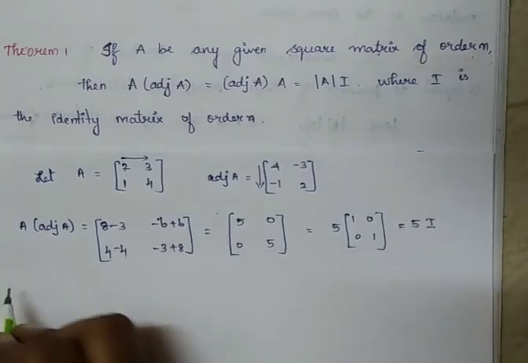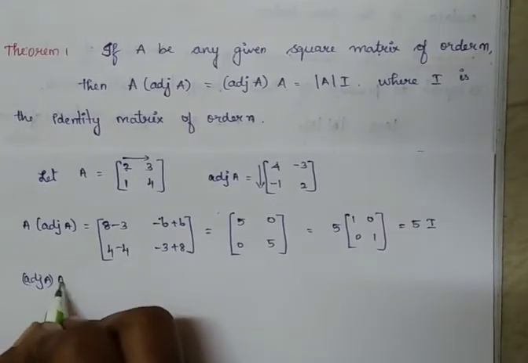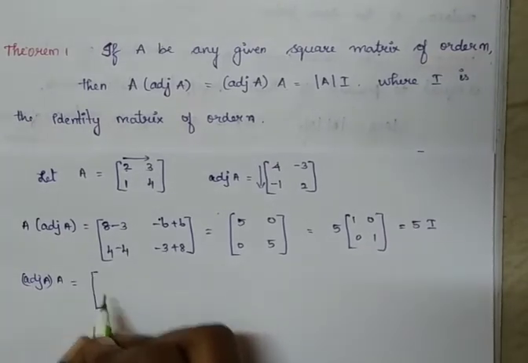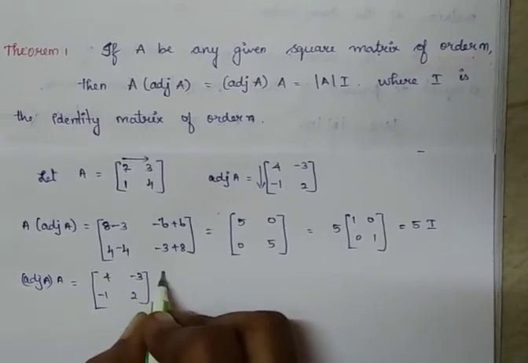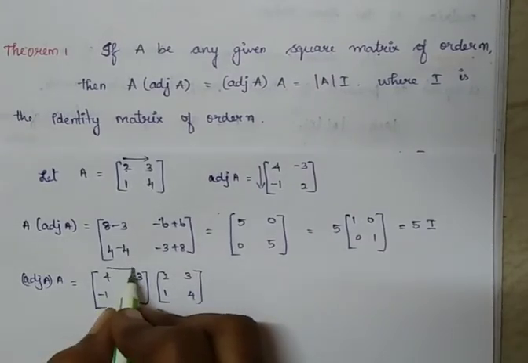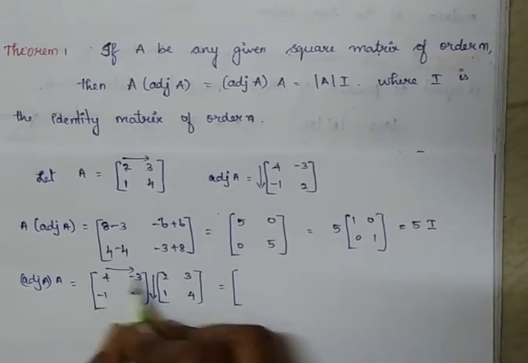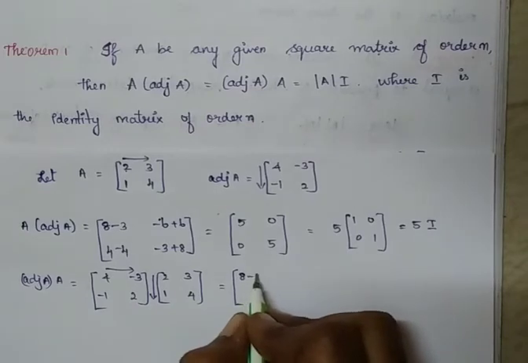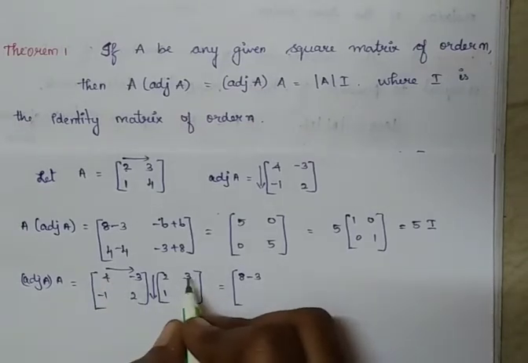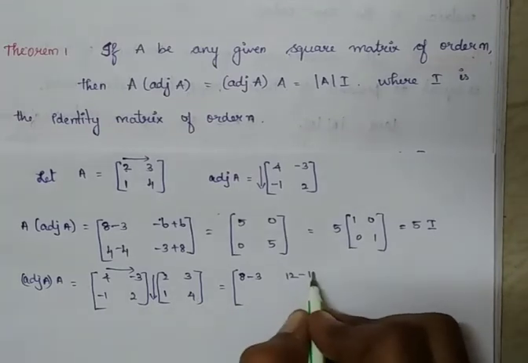Now adjoint A into A, let us multiply in this way, that is 4, minus 3, minus 1, 2 into 2, 3, 1 and 4. Now row wise into column wise. Multiply 4 into 2, 8, minus 3 into 1 is minus 3, 4 into 3 is 12, minus 3 into 4 is minus 12.